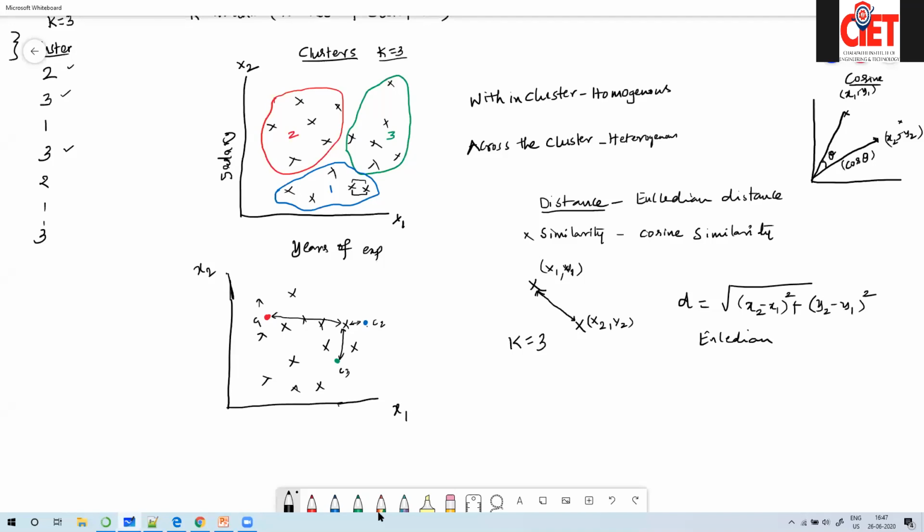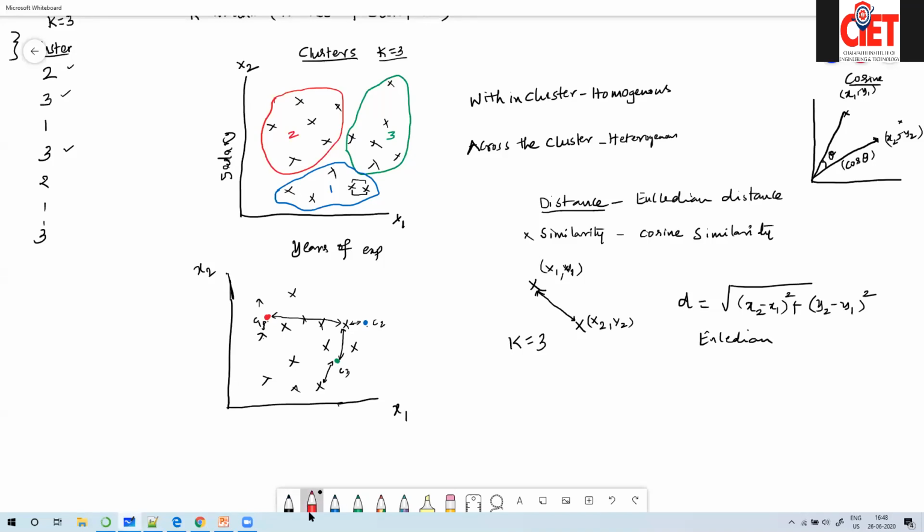Now we do this process for each and every observation, and for this observation, this is the nearest centroid. So we compute the distance from each observation to each centroid. Whichever is the least distance, we assign those observations to that particular centroid.